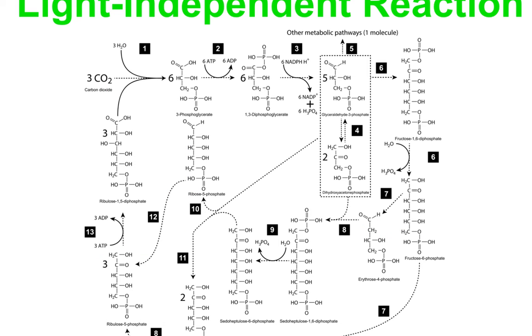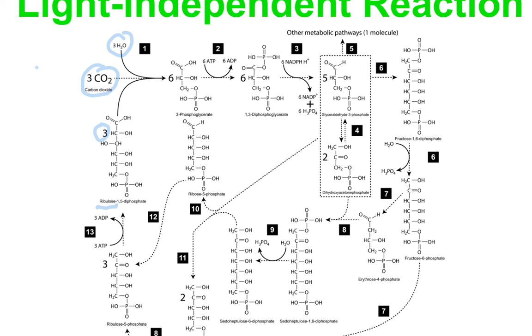Okay, are you ready for this? Remember, this is all happening inside of floaty green fluid, okay? So we take 3 water molecules and 3 carbon dioxide molecules and 3 ribose.